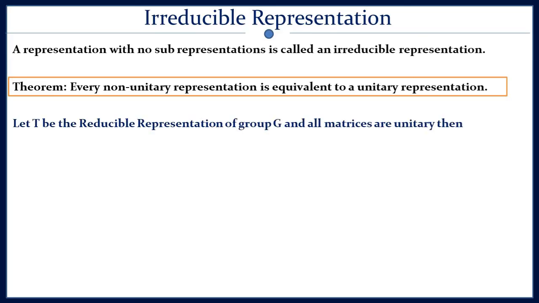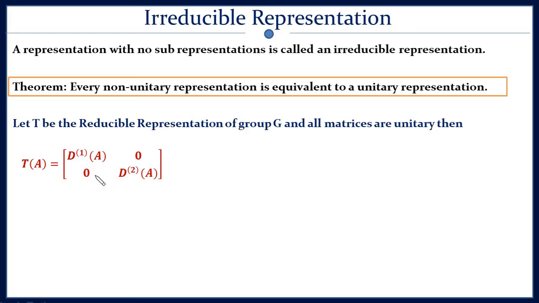Now we will consider T to be a reducible representation of group G and all matrices are unitary matrices. Then we can simply write T in terms of this. As T is reducible, we can use this kind of notation. And because T(A) is a unitary matrix, this element X(A) will be 0. As I said earlier, this is not restricted to only two reducible forms.